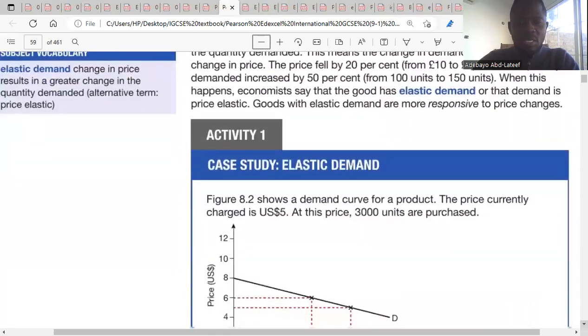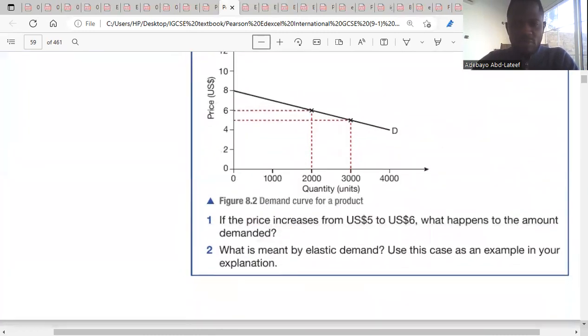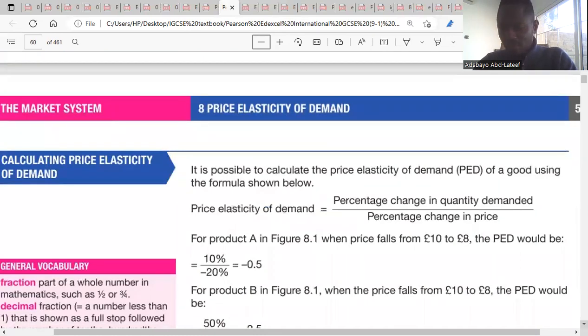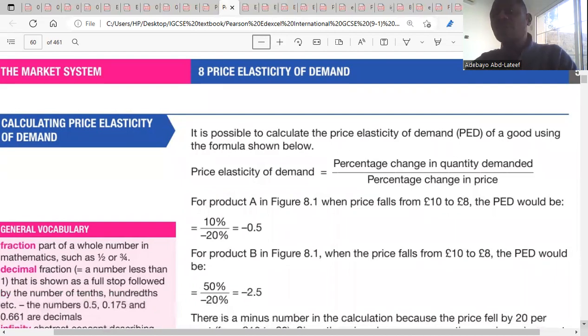Then we go down to calculating. You have the case study to do yourself. So we go to how to calculate price elasticity of demand. The formula is percentage change in the quantity demanded over percentage change in price.